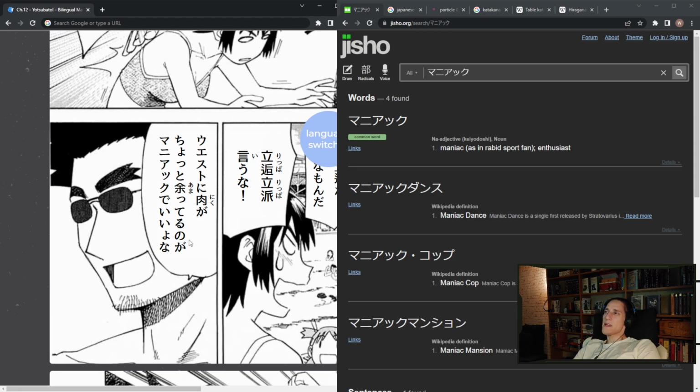Yeah, I still think that if I was more literal in American English, I would translate it like that: I am an enthusiast of having some leftover meat on the waist.